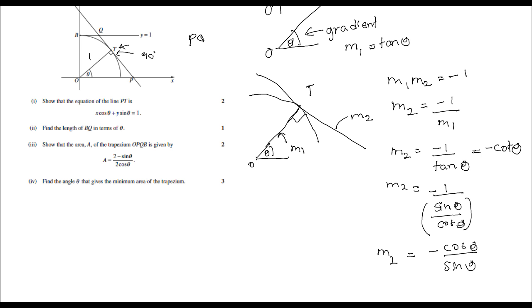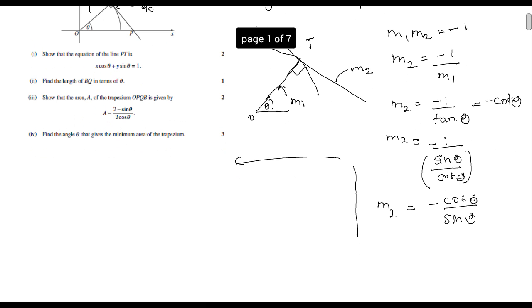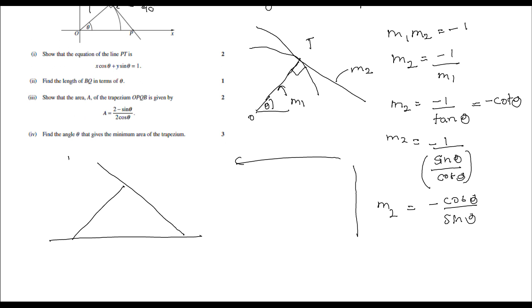Now let me rewrite it. I'm writing only a part of the diagram: P, T, this is O, this is theta.